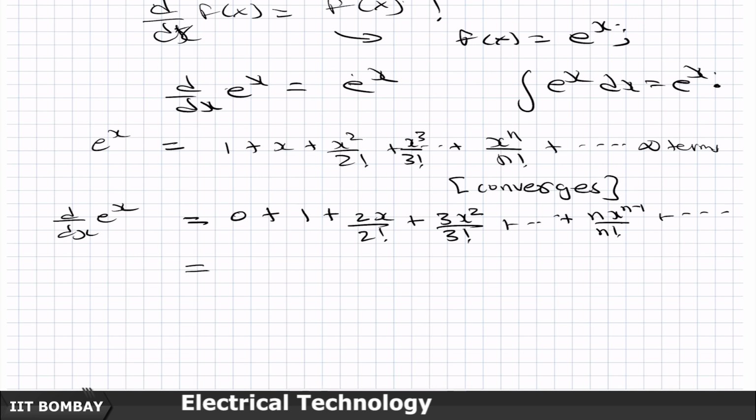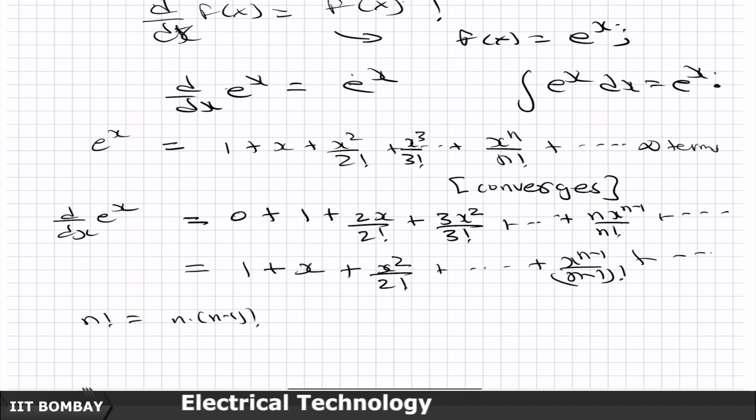So, if you write this, it is 1 plus x, because 2 factorial is 2 only, and 3 factorial divided by 3 is 2 factorial. And because n factorial is n into n minus 1 factorial, therefore this is x to the n minus 1 by n minus 1 factorial.